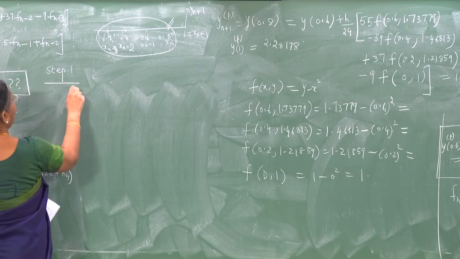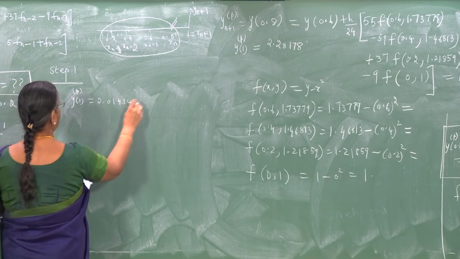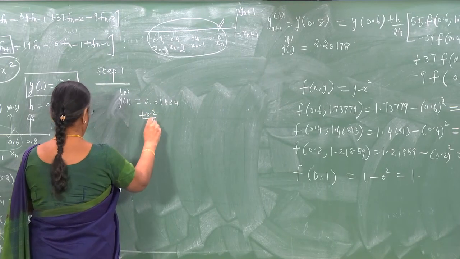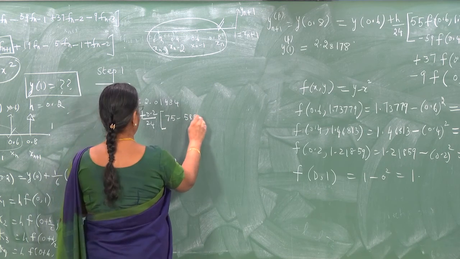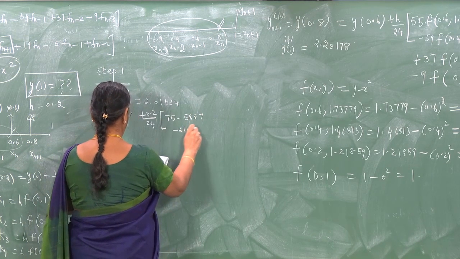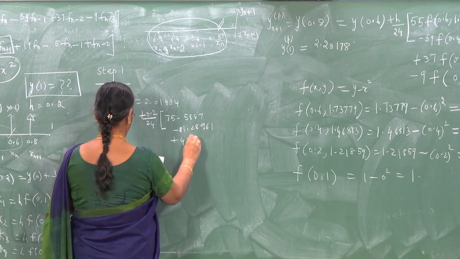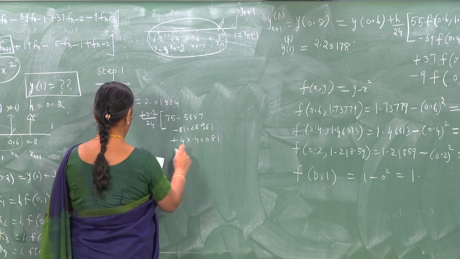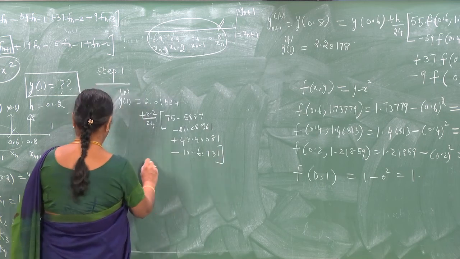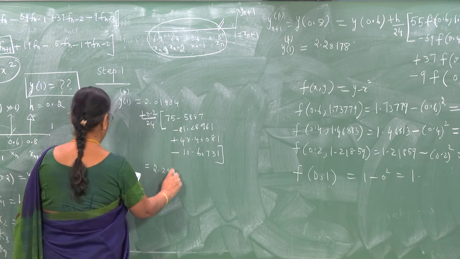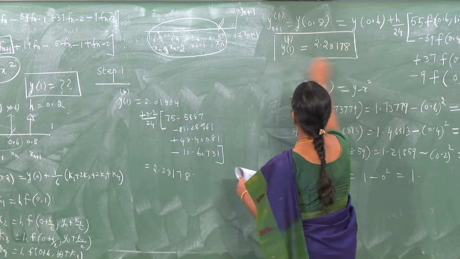Y1 predicted value is 2.01434 plus 0.2 by 24 into 75 plus 0.5887 minus 81.28961 plus 48.40081 minus 10.60731, and that turns out to be 2.28178. That is what I had given.